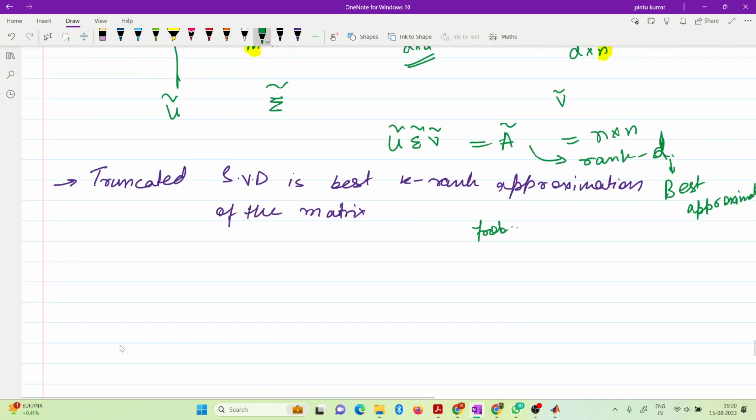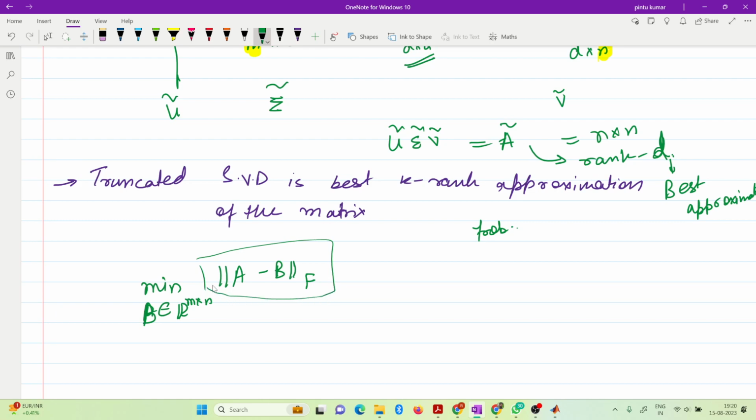What I mean is, let's say you want to minimize over all B belonging to R M cross N, such that A minus B Frobenius norm is minimized. The value of B that you would obtain is your A hat obtained via this method. Was I clear?